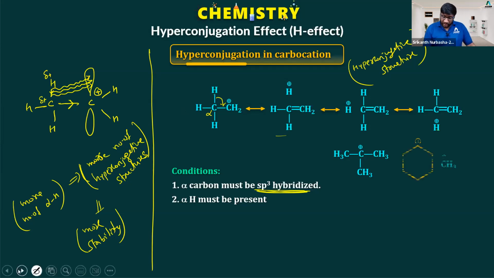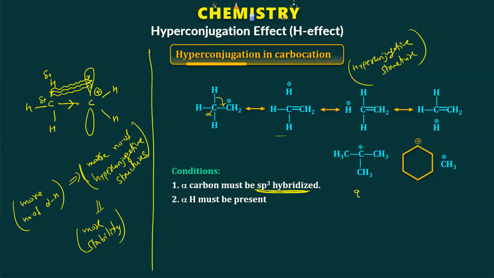So compare the stability now. CH3 C plus (CH3)2, and another one, and we have CH3 CH2 plus. Among these three, which is going to be more stable? CH3 C plus CH3 CH3 has how many alpha hydrogens? 9 alpha hydrogens.